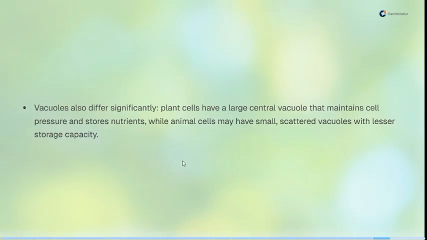So plant cells have a single central vacuole, while animal cells have several small vacuoles. These are some of the differences between plant cells and animal cells. Animal cells have several vacuoles, while plant cells have a single central vacuole.